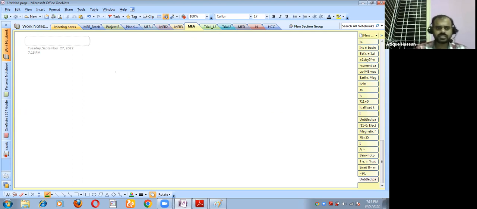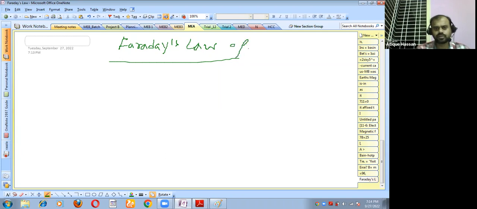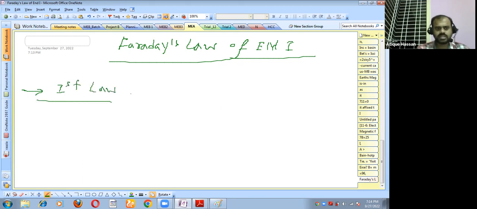Now moving to the next topic. We have discussed flux, then Faraday's law of electromagnetic induction, or Faraday's law of induction. There are two laws.